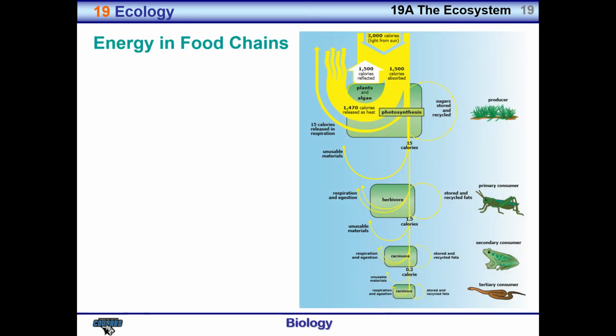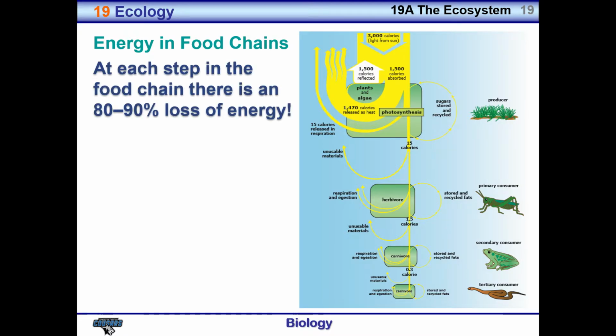Now, as you look at the energy that's flowing through a food chain, at each step in the food chain, there's like an 80 to 90% loss in energy. So, which we've talked about before, if 3,000 calories of light strike, let's say, a certain area on the Earth, and only 1,500 calories of those are absorbed by plants to produce food in the form of sugars that's stored and recycled.